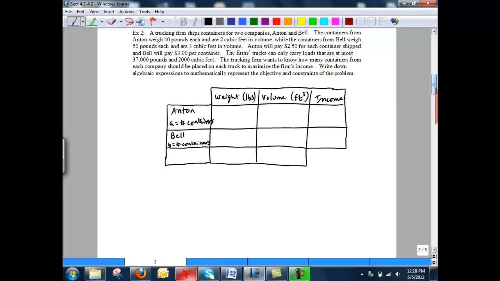And if we go ahead, there's a certain amount of each resource available. If we read through, the containers from Anton weigh 40 pounds each and are 2 cubic feet in volume, while the containers from Bell weigh 50 pounds each and are 3 cubic feet in volume.